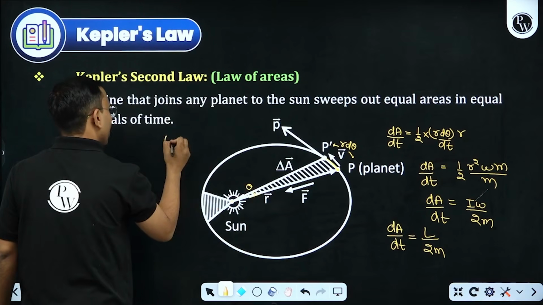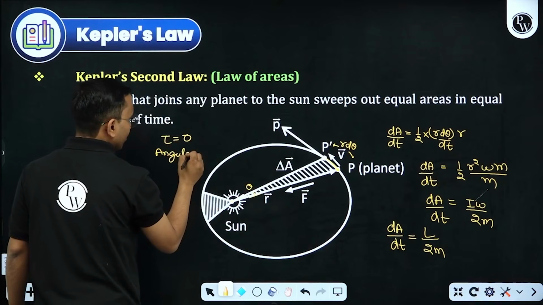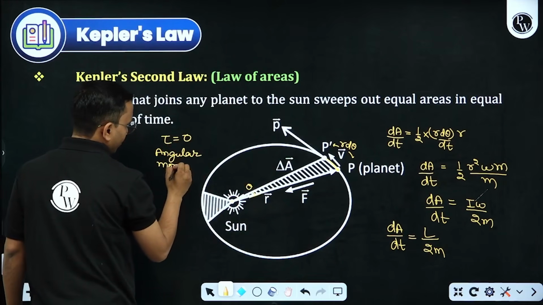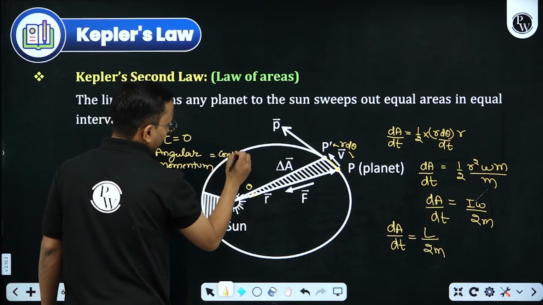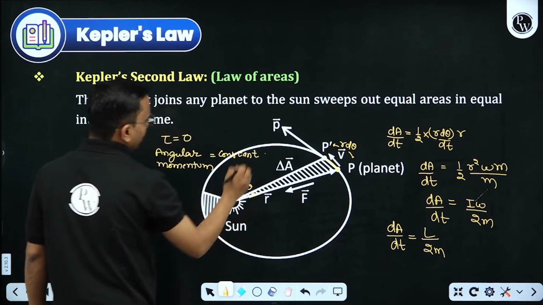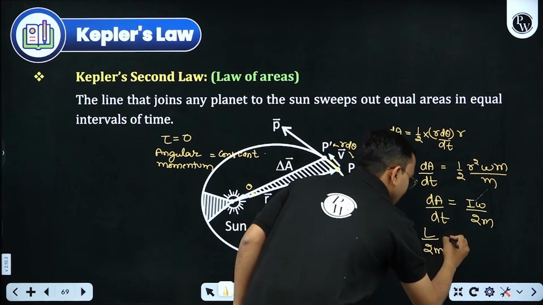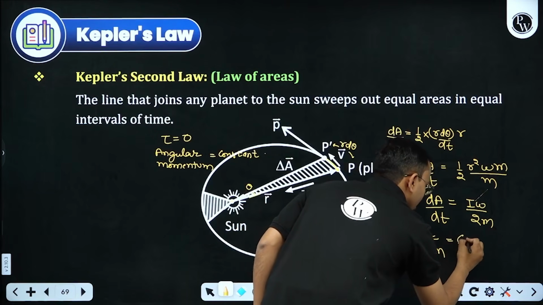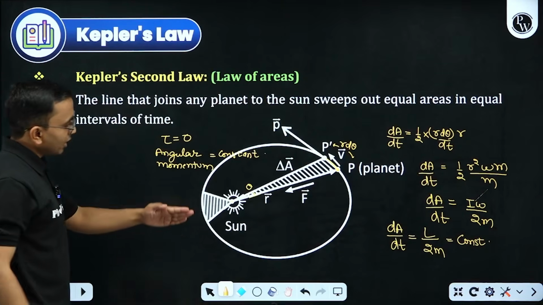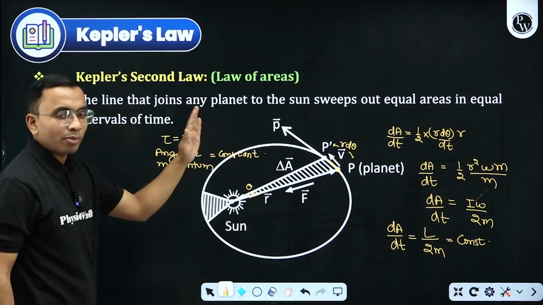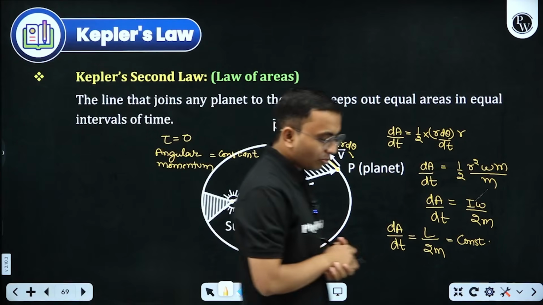Therefore this L is constant, mass is constant, so this comes out to be constant. So the rate of area swept, dA by dt, comes out to be L by 2m, and that is constant. That is not changing. Clear? One more thing.